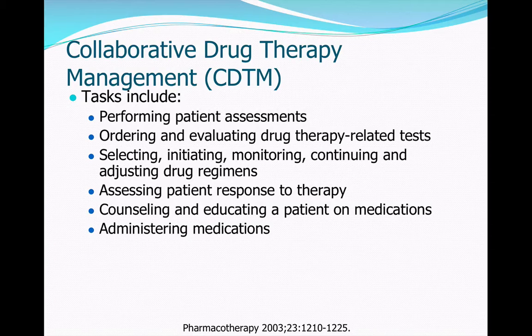The other thing is a collaborative practice allows us to select, initiate, monitor, and continue adjusting drug regimens within a protocol. I'm going to go back to that example of the anti-coag clinic. Within that protocol, we were allowed to increase and reduce the warfarin dose within a certain range of where that INR lay.